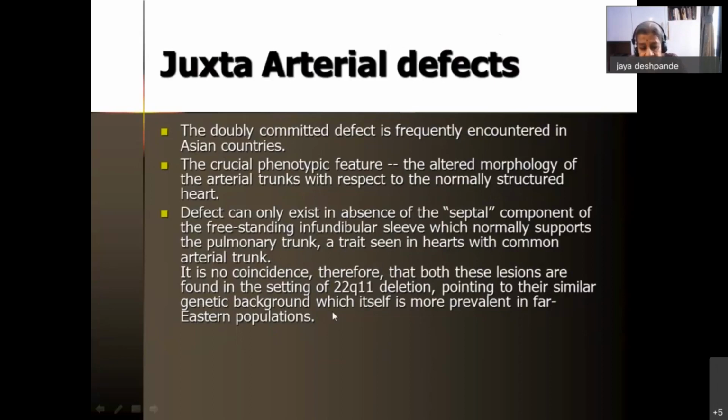Therefore, this deletion is more prevalent in the Far Eastern population, and it may be because of this reason that we see more juxtaarterial defects as compared to the Western population.